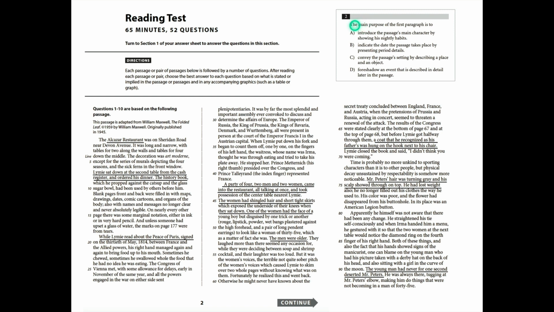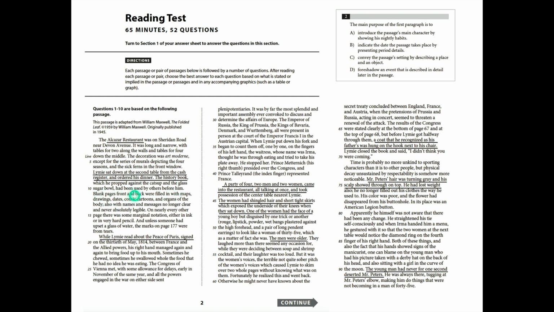Just read it as "the purpose of the first paragraph is to." Well, if we go to the first paragraph, which is this right here, we'll see what's going on. What is going on is that the author or the narrator is describing the restaurant, and he's describing Limey, the primary character, and he's describing the history book.